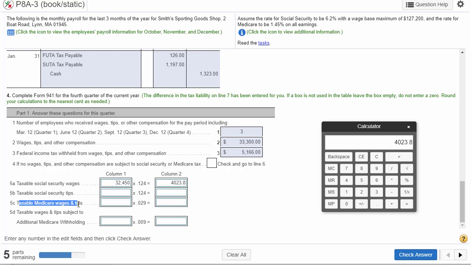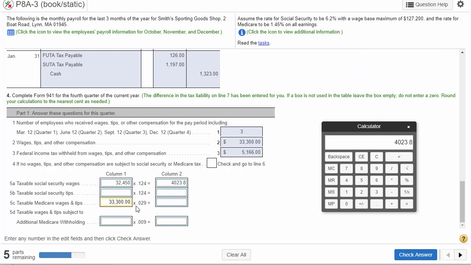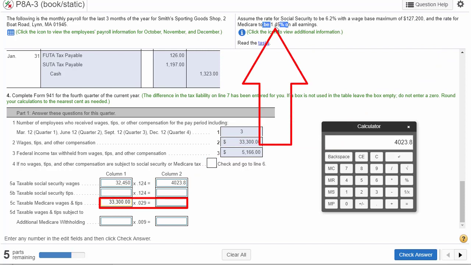Taxable Medicare wages and tips. Remember, everything is taxable for Medicare on all earnings. So we're going to take this 33,300, that's the gross wages, and plug it in here. And then we're going to multiply it by this 1.45% twice for the employee portion and the employer portion all at the same time.